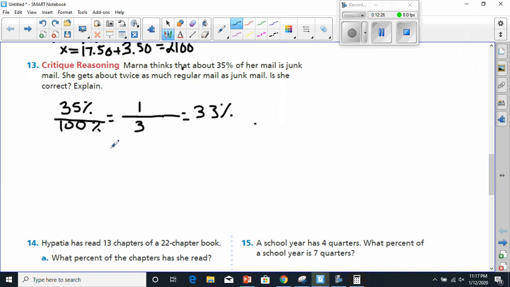So it's 35%, because they're saying she thinks that about 35% of her mail is junk mail. Is it? Yeah, I would say 35 is pretty close to 33. These are percent signs. So is she correct? I would say yes. And my explanation would be that 35% is very close to 33%.